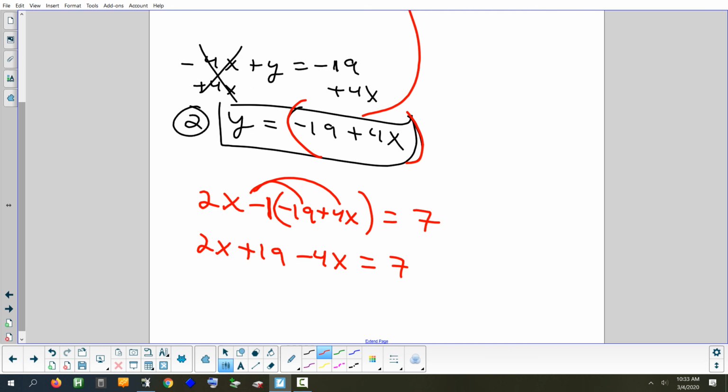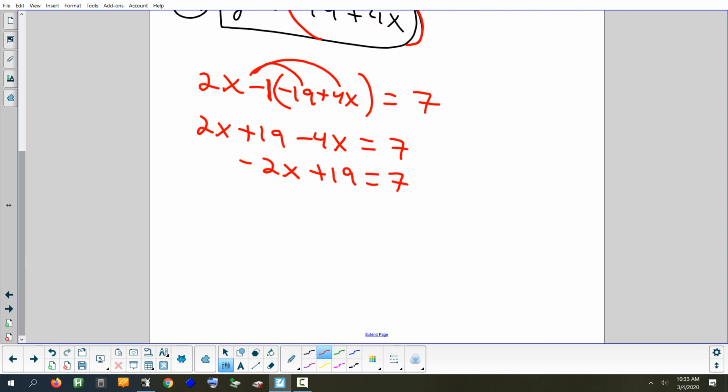What are my like terms I can combine on the left? 2x minus 4x is how much? Negative 2x plus 19 equals 7.